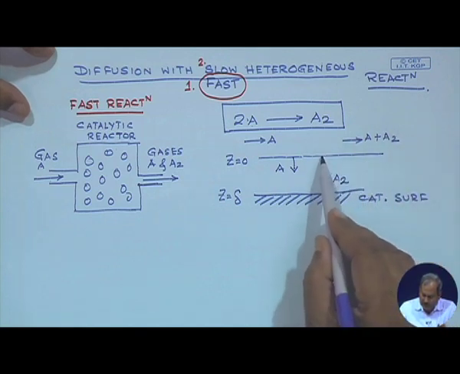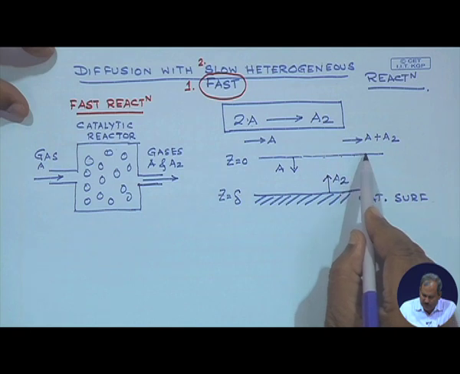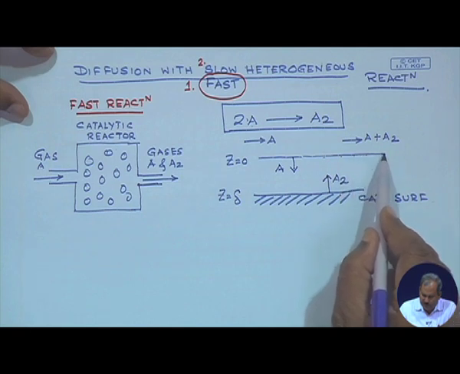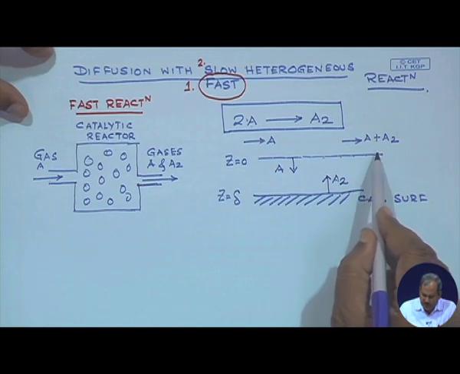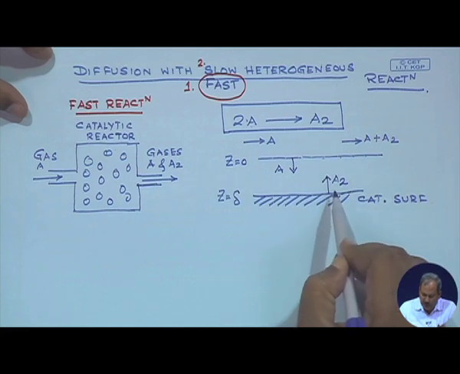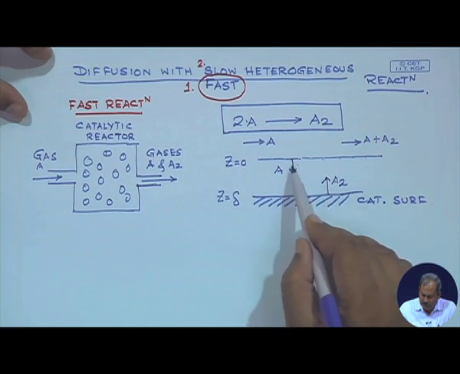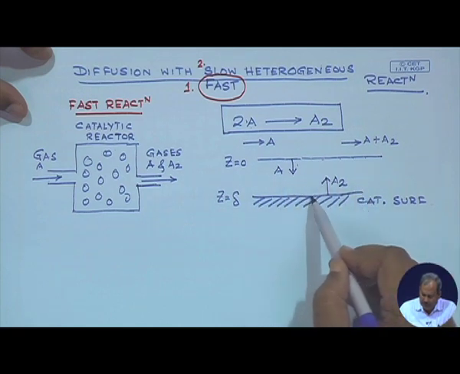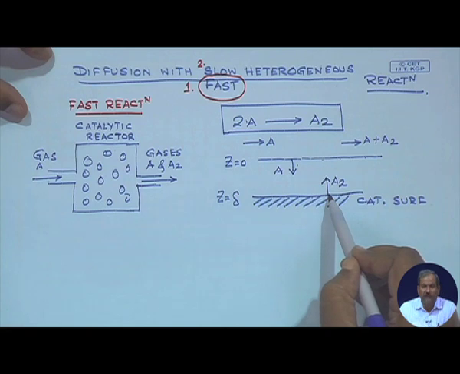This is the edge of a hypothetical gas film which exists around each particle. In other words, the conceptual modeling tells us that each particle is surrounded by a stagnant gas film through which A diffuses to reach the catalyst surface. It gets converted into the product A2, and A2 starts its journey back towards the bulk flow, where both A and A2 get carried away towards the exit of the catalytic reactor.